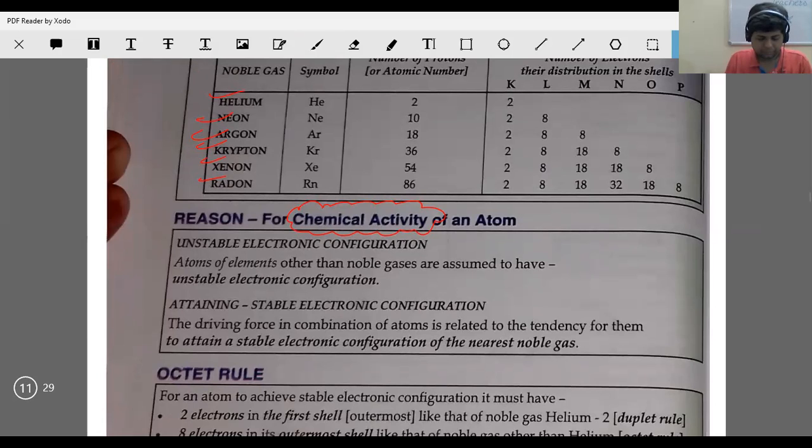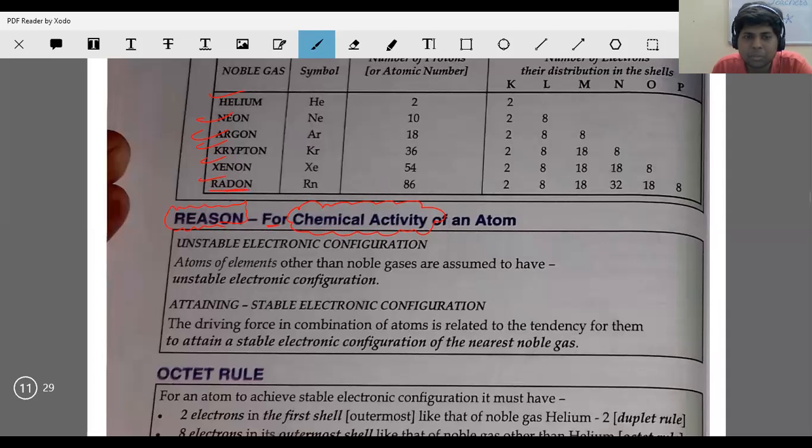The last four elements are man-made elements, and they are not included in that. Oh, okay, got it. Thank you. They are not even included in the oxygen family and all. Artificial elements are not a part of the syllabus, and we are not going to bother ourselves with them.